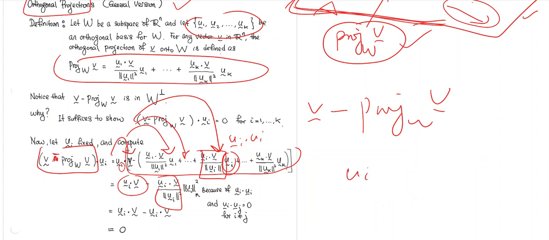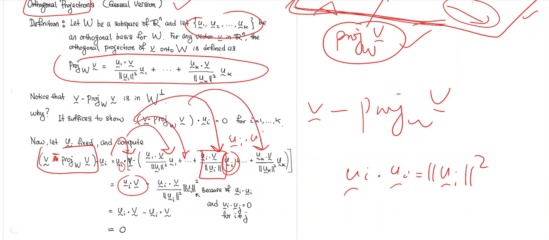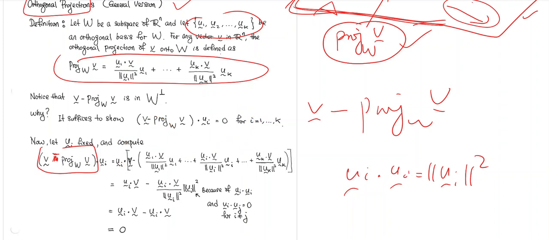Ui dot Ui is going to be the magnitude of Ui squared. And the rest of it, when you distribute again, you get 0. So at the end, what you get is this particular term right here, Ui dot V, and this particular term right here, where this part and this part will cancel out. Why? Because they are the same numbers. So you have Ui dot V minus Ui dot V, that gives you 0.